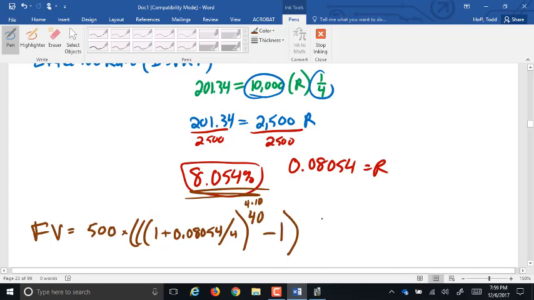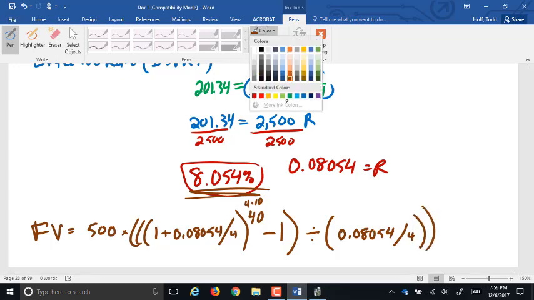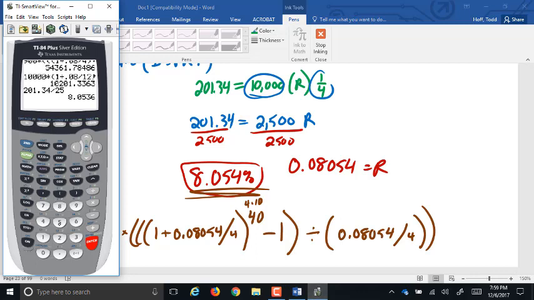Minus 1, close parentheses, divided by open 0.08054 divided by 4, close and close. $302,895.